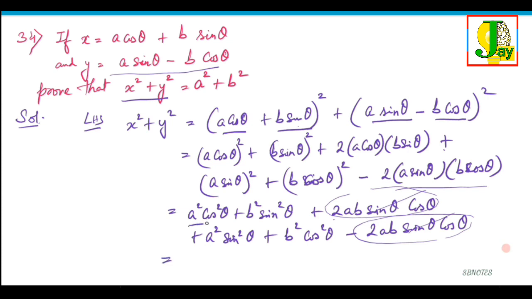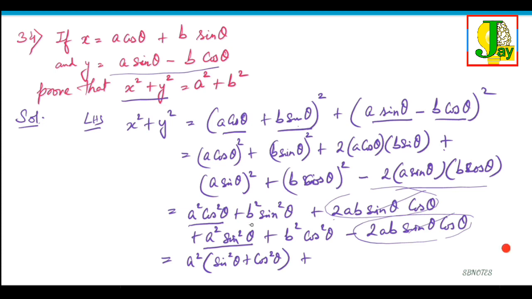Now if we see, in those two terms I can take a square common, then I have cos square theta plus sin square theta, or we can write sin square theta plus cos square theta, it doesn't matter.